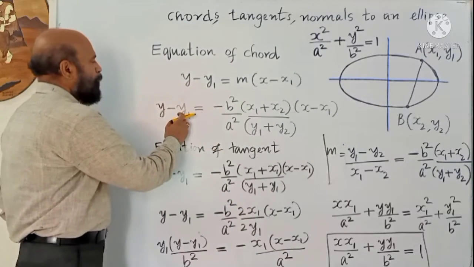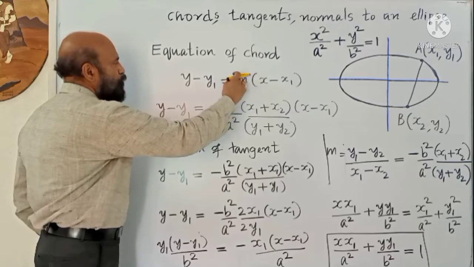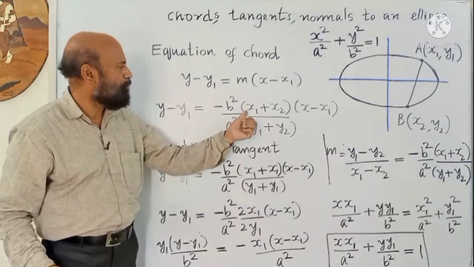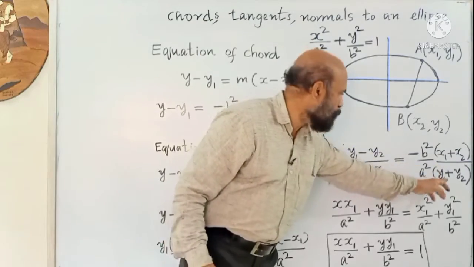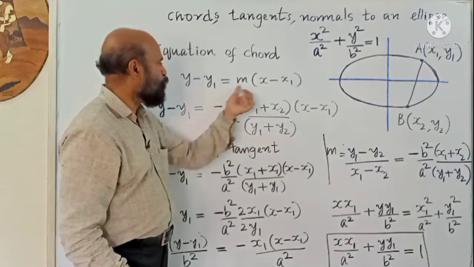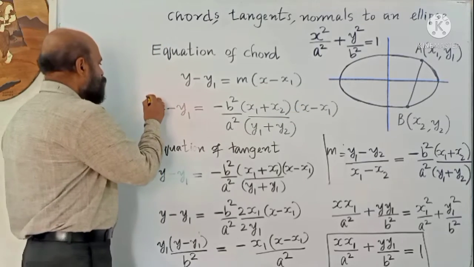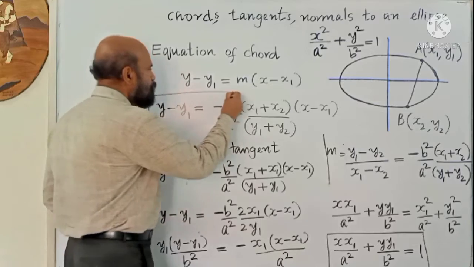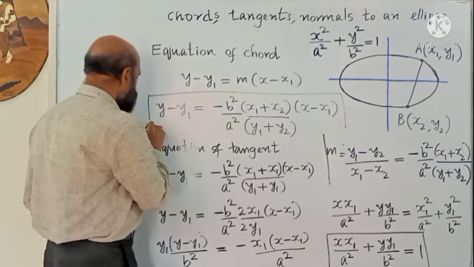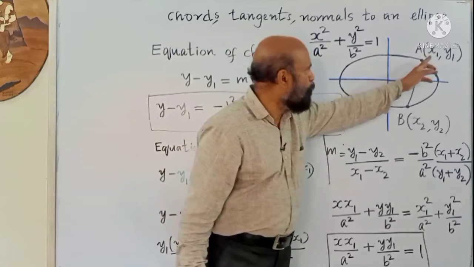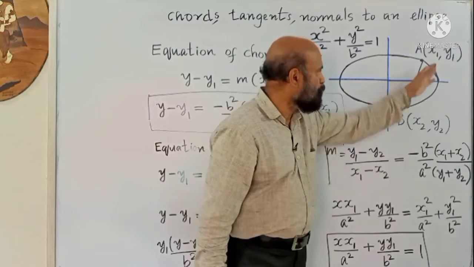So y minus y1 is equal to minus b square by a square into x1 plus x2 by y1 plus y2, the slope, then x minus x1. So this is the equation of the chord passing through x1 comma y1 and x2 comma y2.